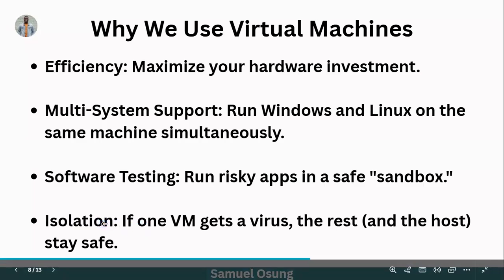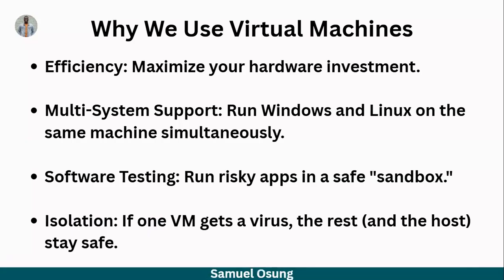So in terms of isolation, if one virtual machine gets a virus, the rest and even the host stay safe. For instance, an organization can run a web server on a virtual machine, a database on another virtual machine, a testing system on another virtual machine, all on the same physical server.